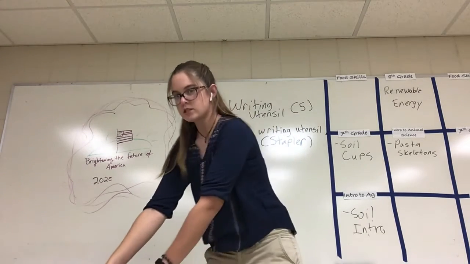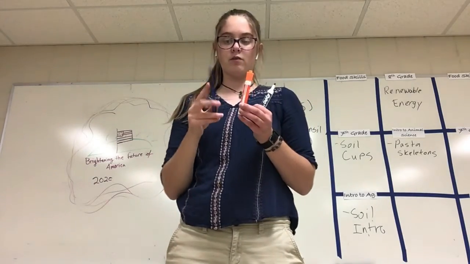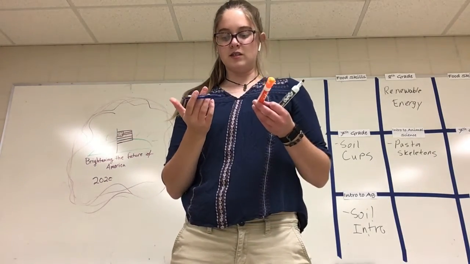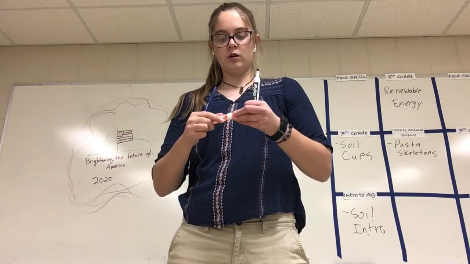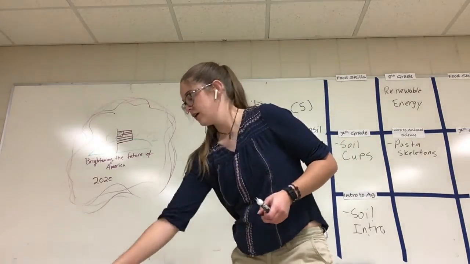So looking at what we have left, we have a pen and we have a marker. So looking at some differences, ooh, the marker has a cap. So let's try that. Has a cap.